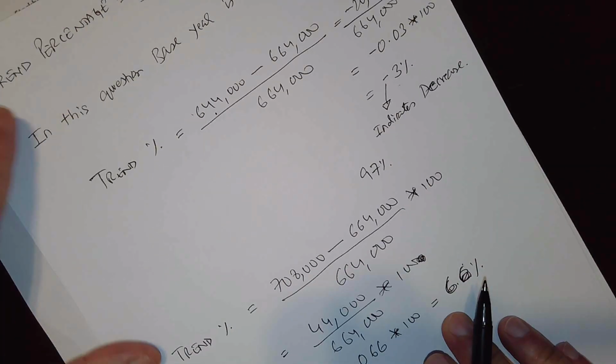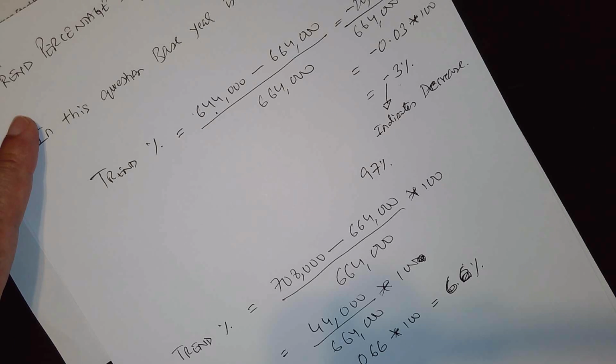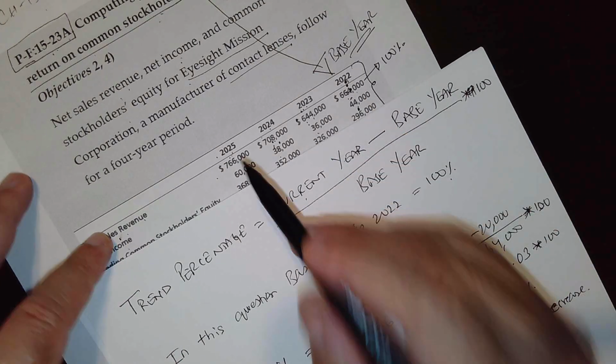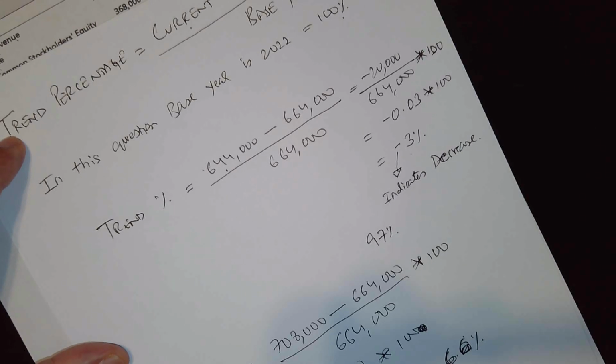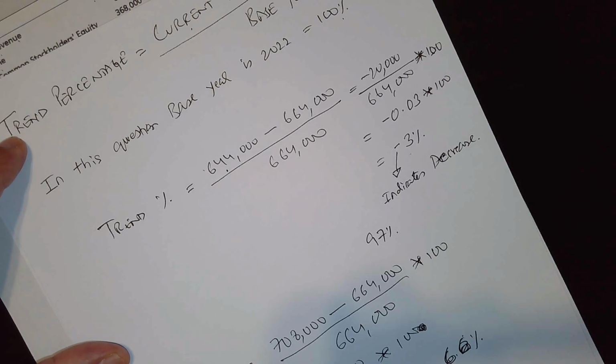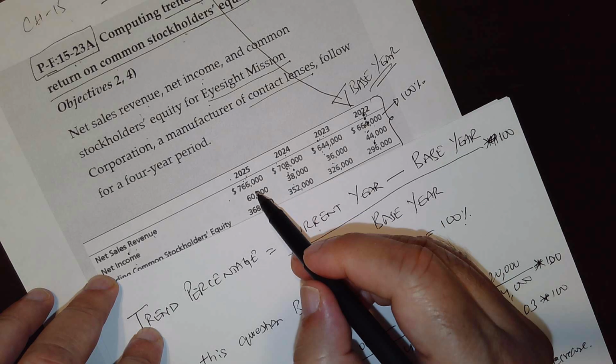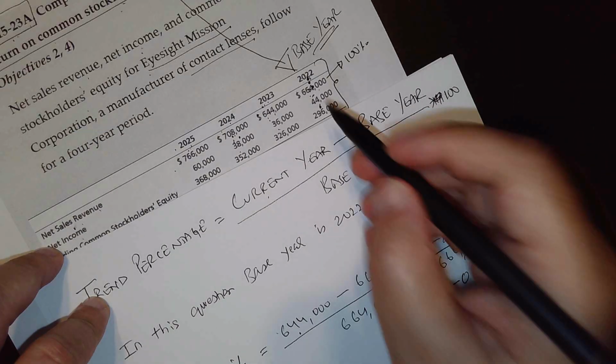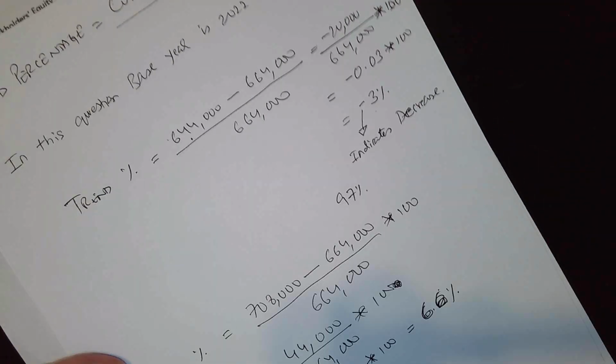Let's do one more, the one from 2022 to 2025. The current year is 766,000, and the base year is 664,000, divided by 664,000.